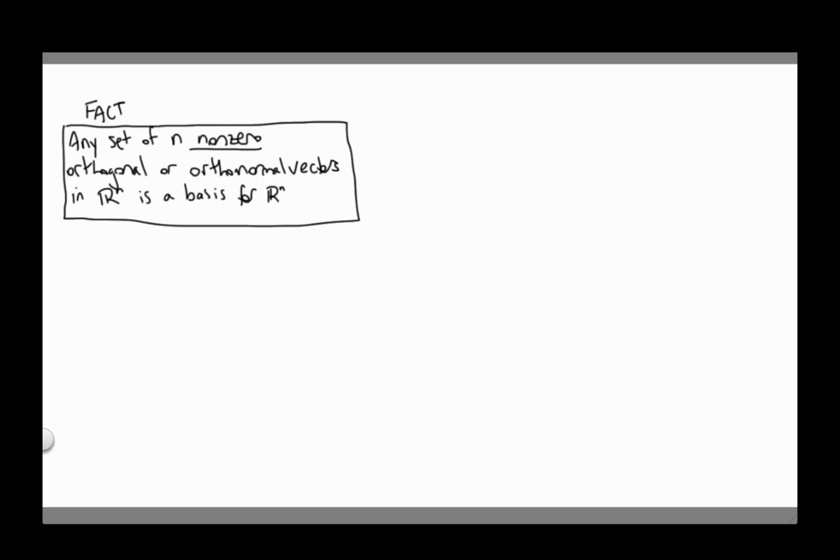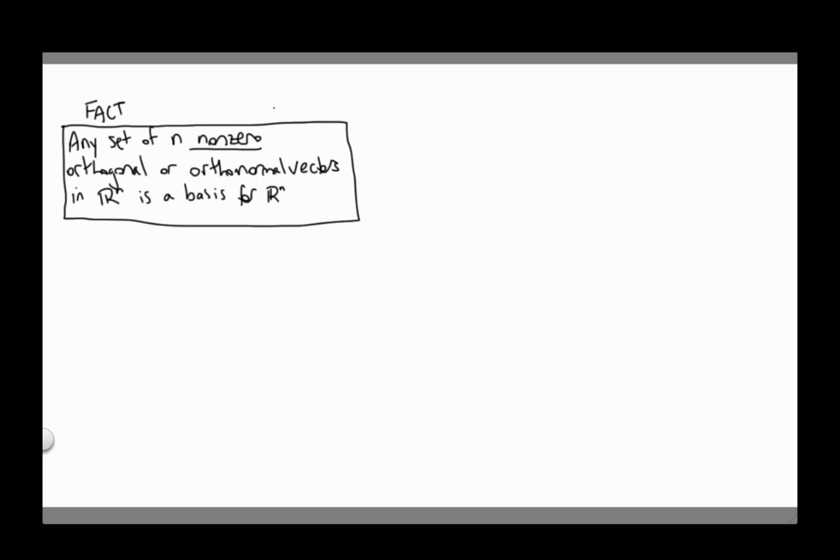So one thing that's important here is that the vectors in this set have to be non-zero, so none of them should be the 0 vector. The other thing that's important is this idea of n. So if we are in R3, let's say we're in a regular 3-dimensional space, if you've got a set of 3 non-zero orthogonal or orthonormal vectors, you know automatically that's going to be a basis for R3. If you were doing a problem in R4, you'd need 4 non-zero orthogonal or orthonormal vectors.